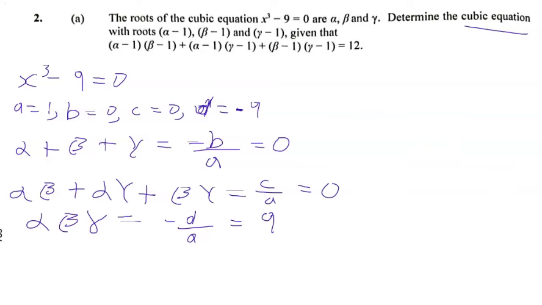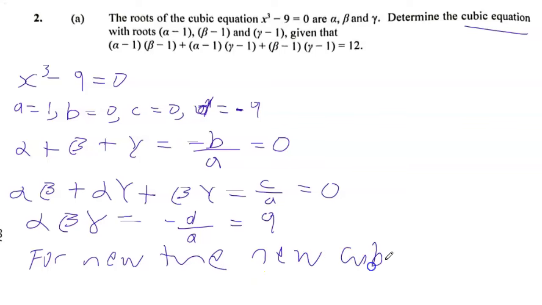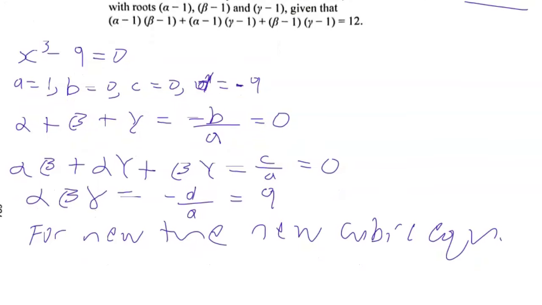Alright, so let's find the sum of these three roots that would form our new cubic equation. So for the new cubic equation, these are the roots, alpha minus 1, beta minus 1, gamma minus 1.